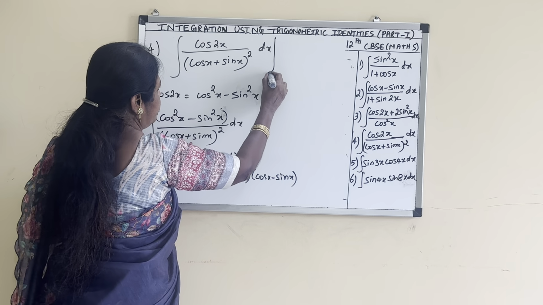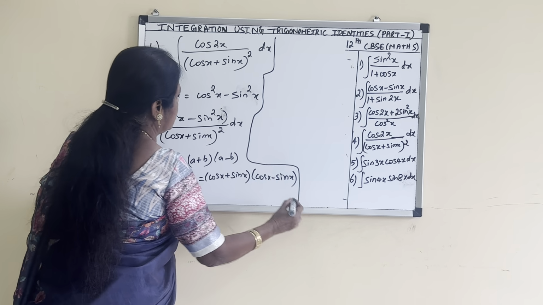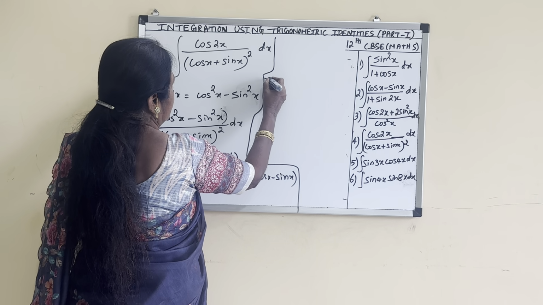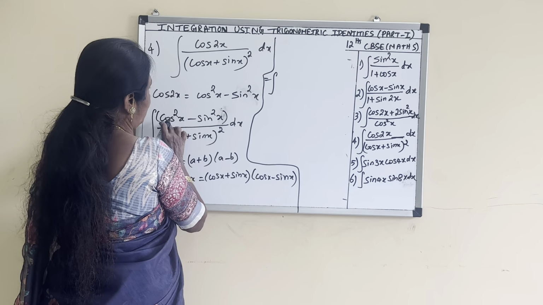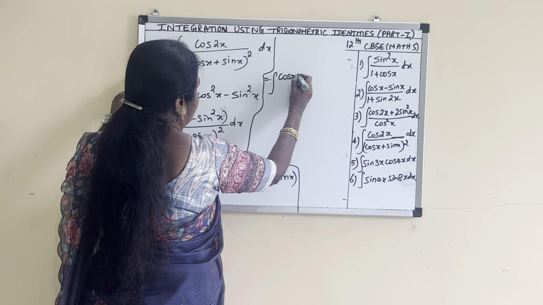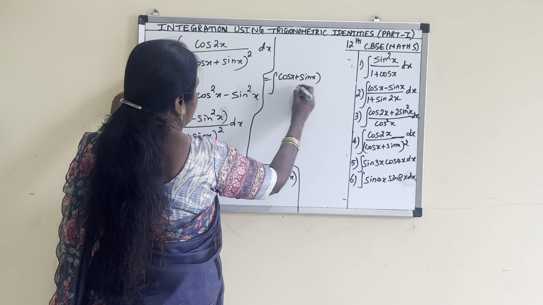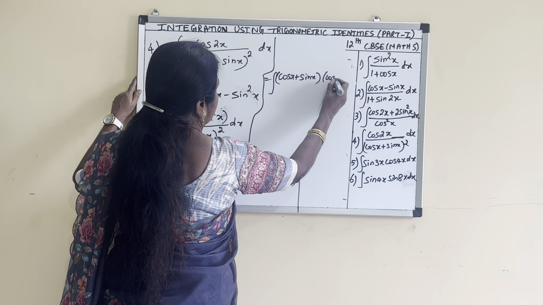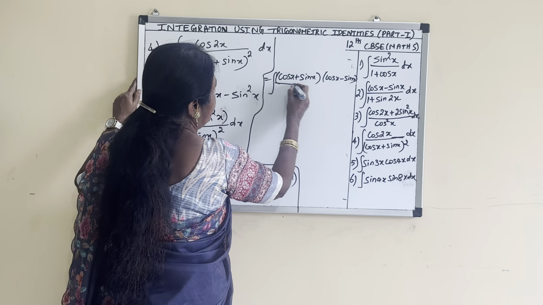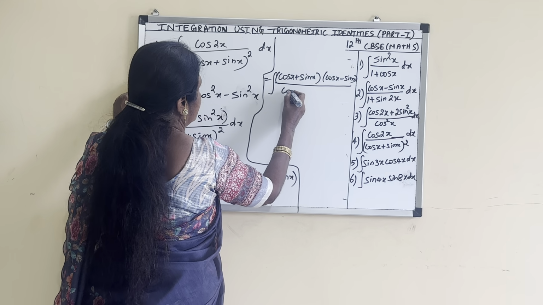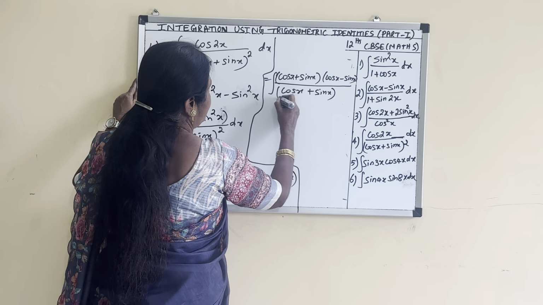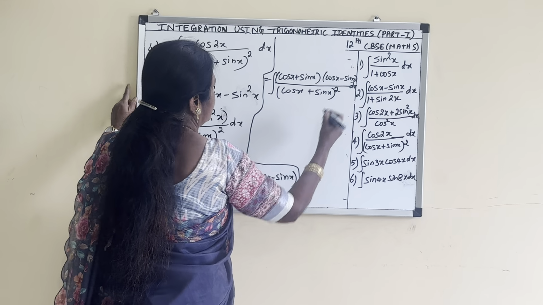So now I will substitute in that. I will write a square minus b square as a plus b into a minus b: cos x plus sin x into cos x minus sin x divided by (cos x plus sin x) the whole square into dx.